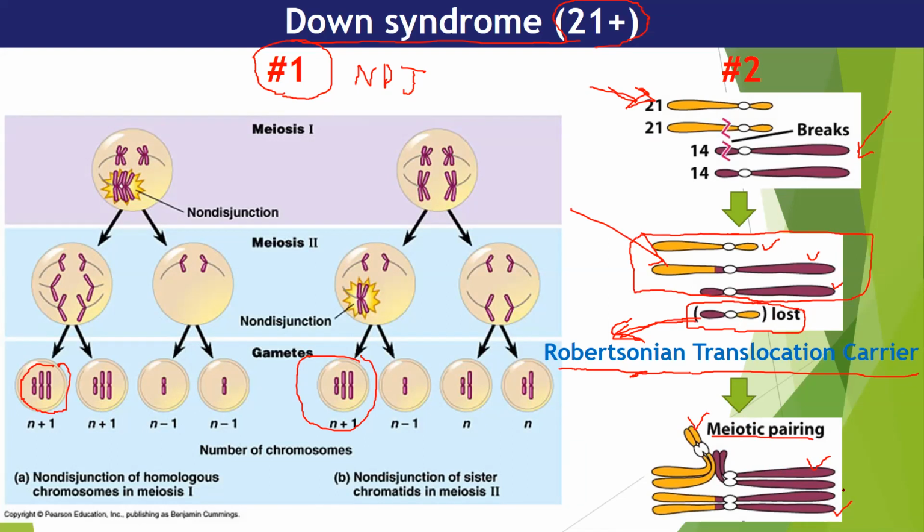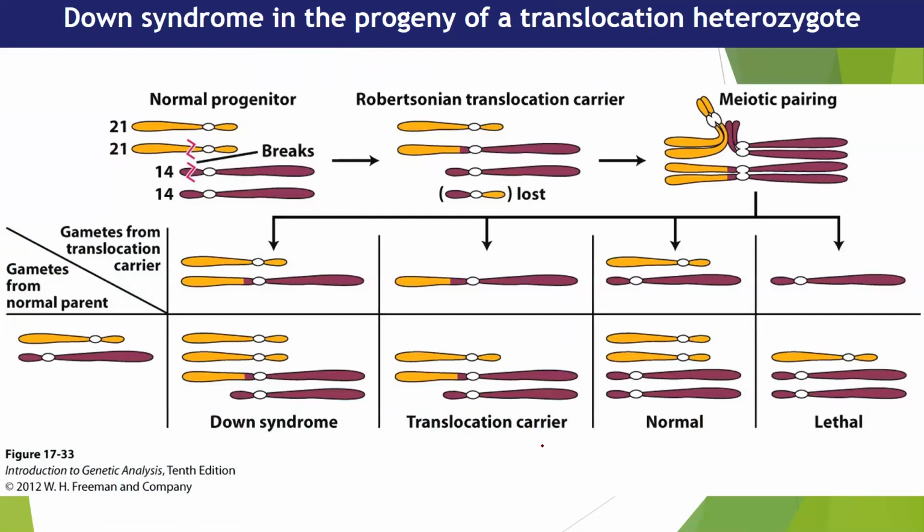Because of this very unique situation, during meiosis these 3 chromosomes are going to be paired in this way. I hope this is clear. Okay, now let's look at this parent. This is the parent, the carrier, the Robertsonian translocation carrier.